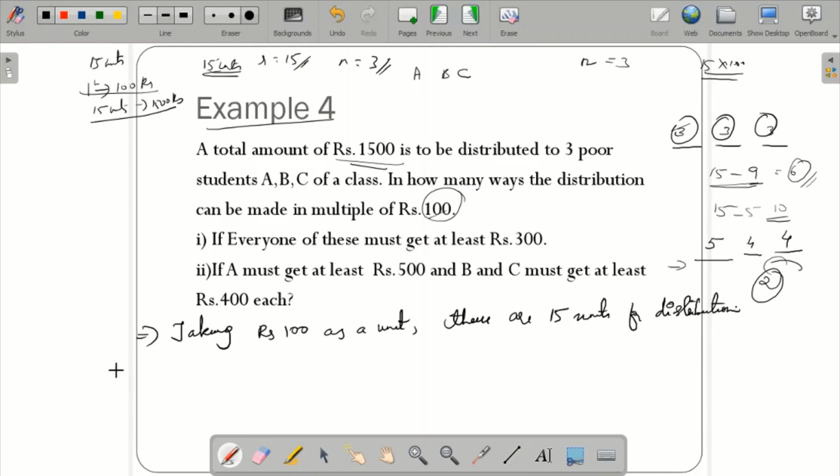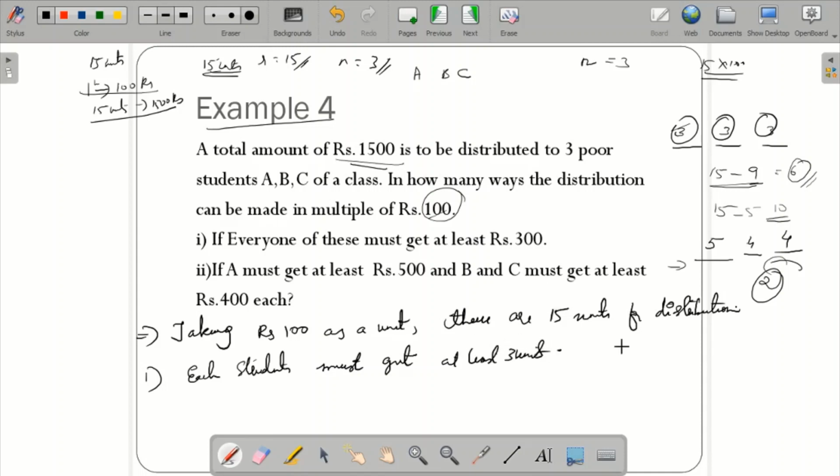Okay, so the first case let us solve. If everyone must get at least 100, in case 1, each student must get at least 3 units.